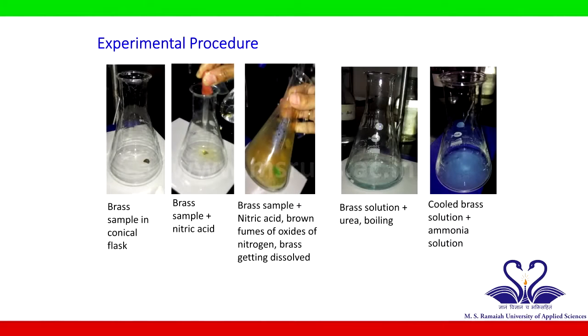Following are the steps involved as explained till now. Brass sample in conical flask. Brass sample plus nitric acid. Brass sample plus nitric acid, brown fumes of oxides of nitrogen, brass getting dissolved. Brass solution plus urea, boiling. Cooled brass solution plus ammonia solution.